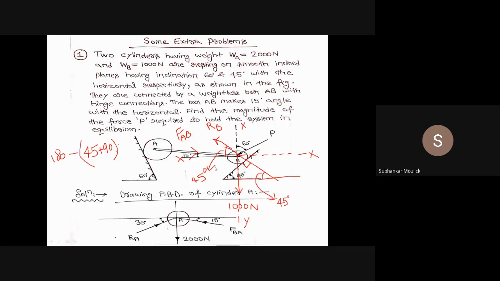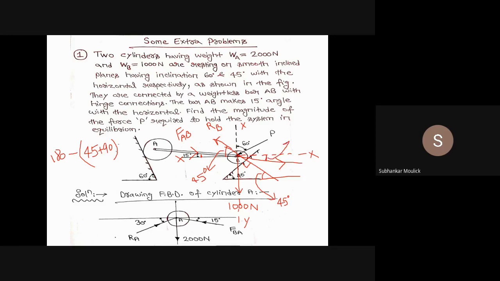Next is this FBA. If you see this FBA, it is making an angle of 15 degrees. So I can extend it like this. This is your FBA. If this angle is 15 degrees, definitely this angle is also 15 degrees by geometry.